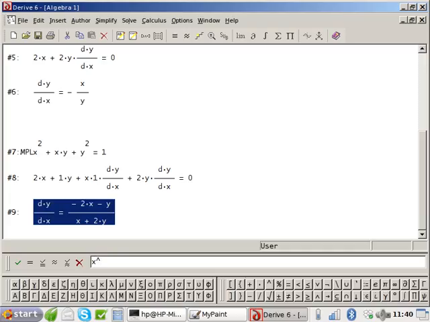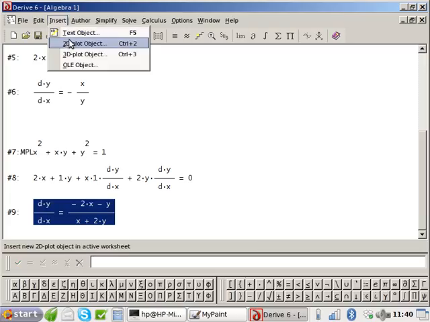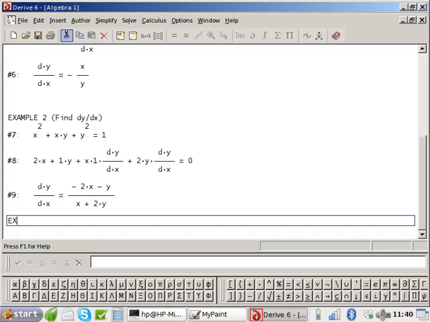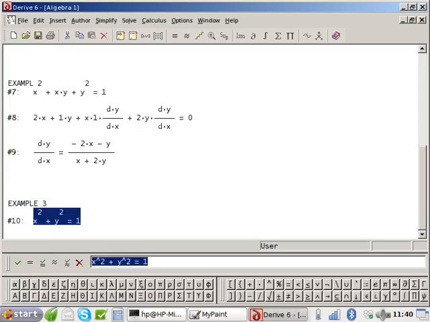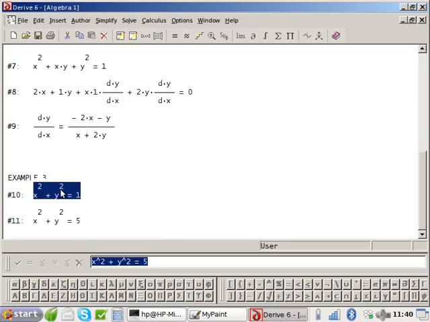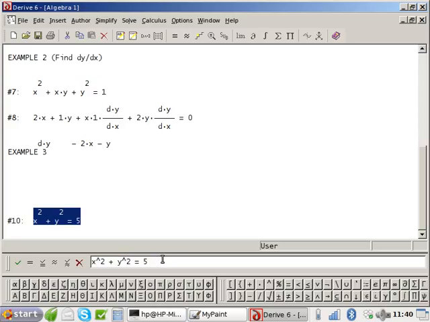Okay, so let's go back to something simpler for a moment. Example 3. x squared plus y squared equals 1. Or, no, let's make it a little bit bigger. Okay, well, 25, goodness sake. x squared plus y squared equals 25.